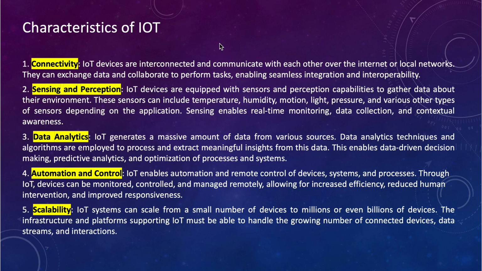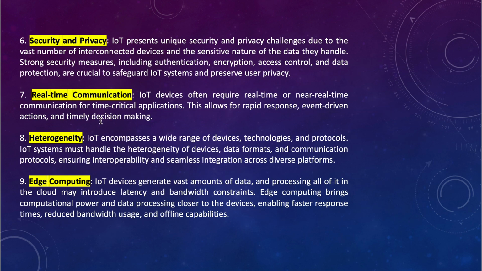When we are going to apply IoT, that IoT system would have several characteristics, right? And now we will look at those characteristics. There are 9 characteristics, including connectivity, sensing and perception, data analytics, automation and control, scalability, security and privacy, real-time communication.